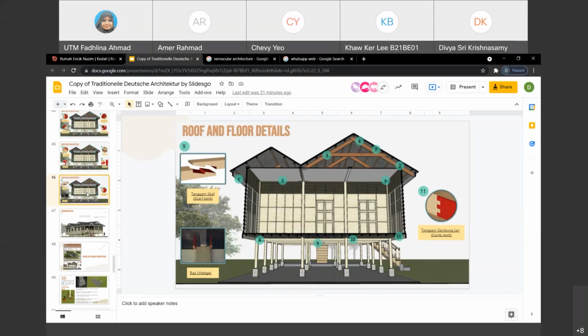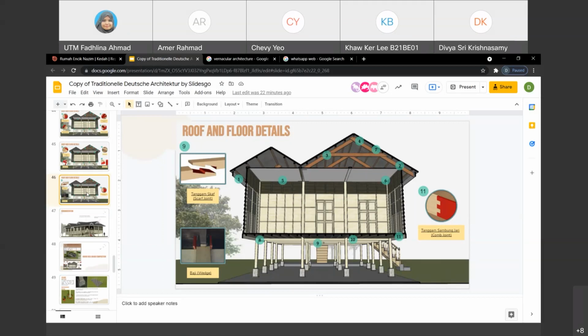I think what you have done is good already, but perhaps in your presentation boards later, you need to try to figure out ways on how to differentiate between the roof and the floor details, because you are trying to put everything here and it looks quite confusing.